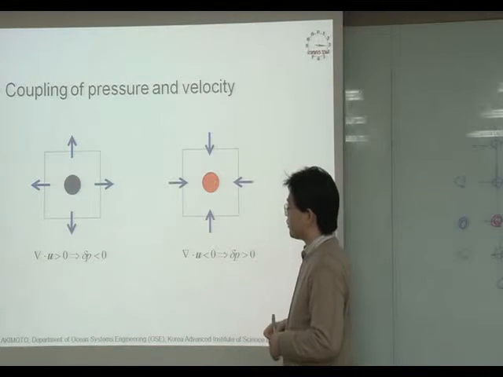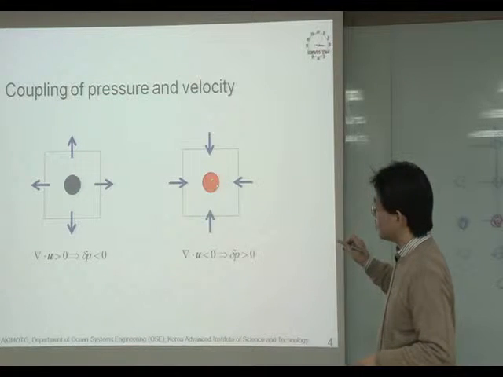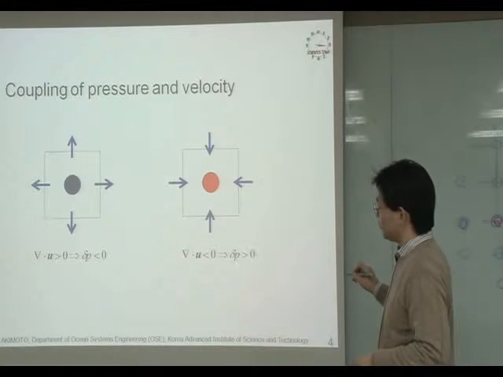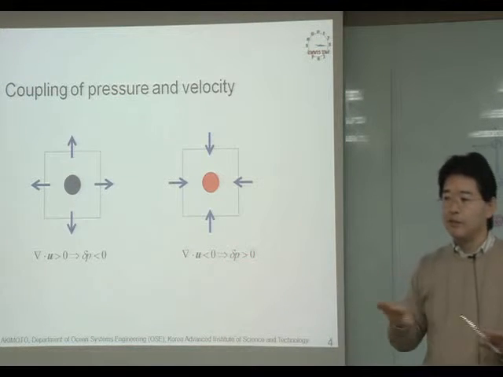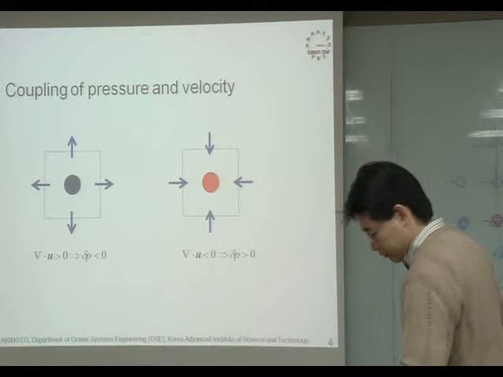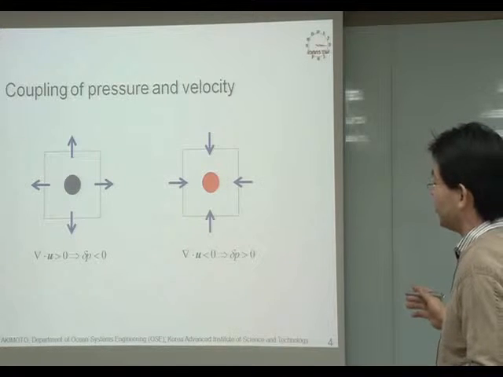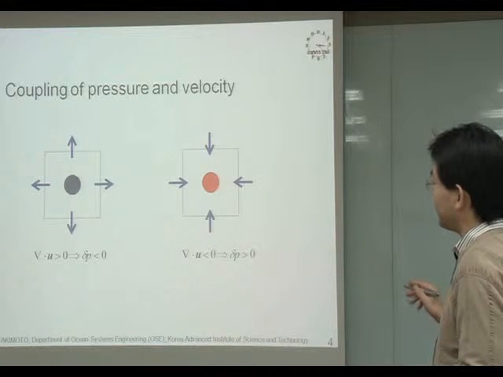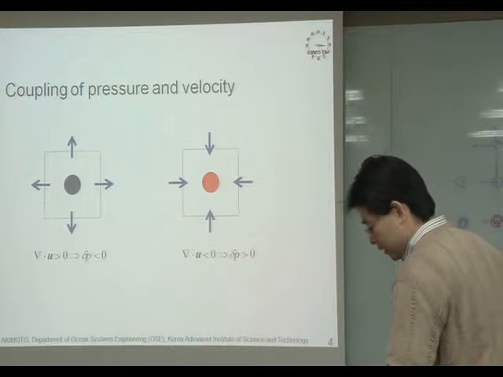So in the pressure solution, the next pressure will be increased. Change of pressure will be positive. It will repel the flow field. The mechanism of coupling of pressure and velocity on each control volume is like this.